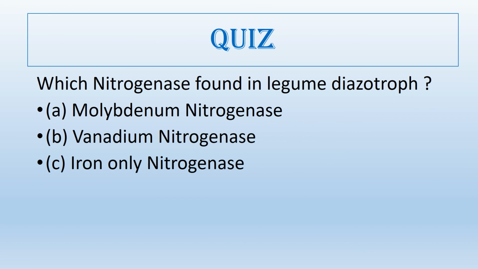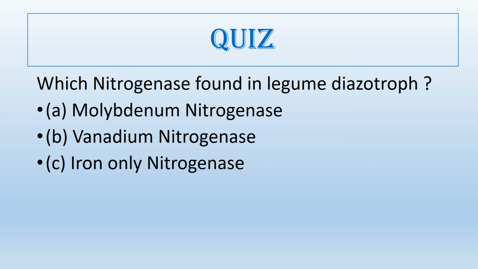Now is the quiz time. So I have been discussing many times that nitrogenases have various versions depending upon the metal ions they contain in their structure. So among the three nitrogenases, which nitrogenase is found in the legume diazotroph? Diazotrophs are actually the bacteria that are present in the leguminous plants, and these diazotroph bacteria fix atmospheric nitrogen.